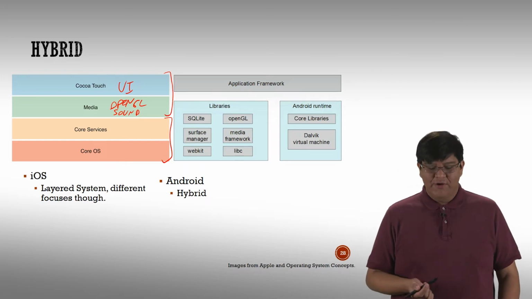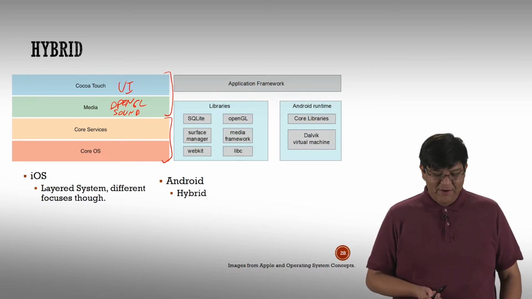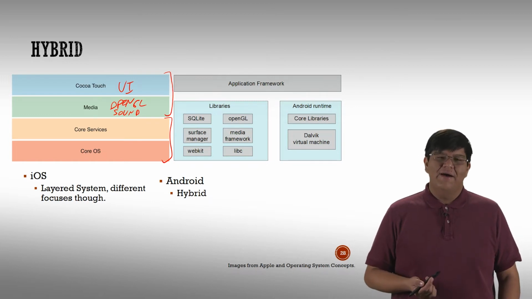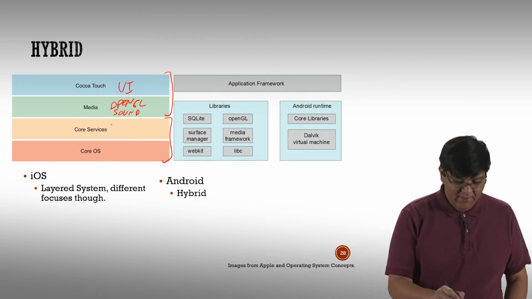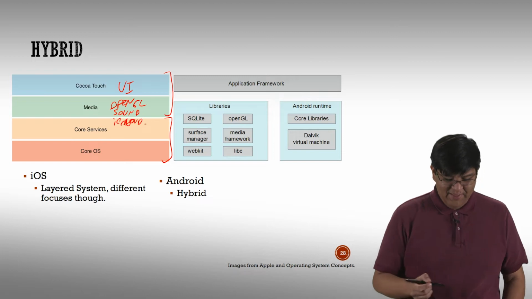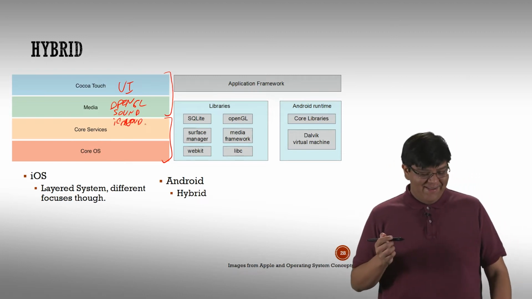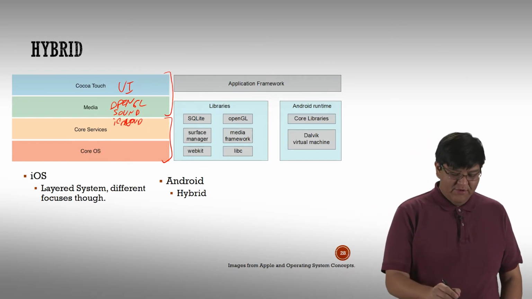Then we go down to core services. The interesting thing to me about core services is that core services is not really core services. Well, I mean, it is, but this is basically stuff like, for example, iCloud. I can't spell today, folks. Or other things like user management.